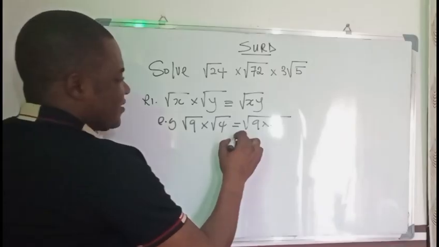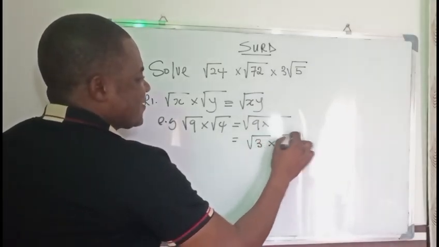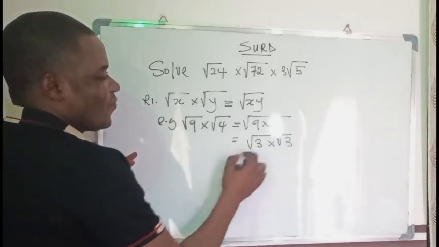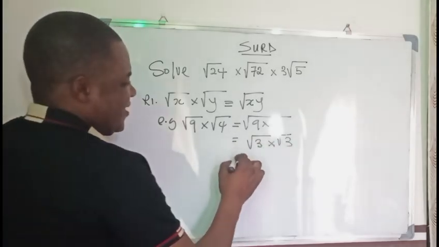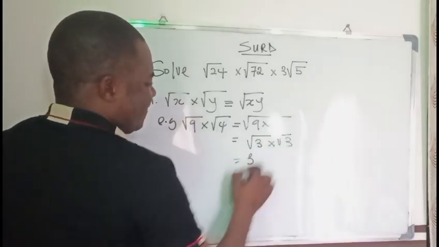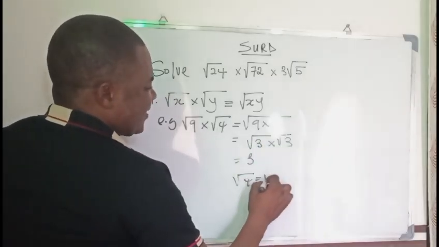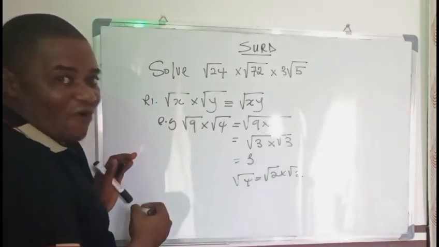But of course, the √9 is 3 times 3. So where you have the same surd, you pick the integral number. So it is equal to 3. Now the √4 is simply √2 times √2, because 2 times 2 is 4.